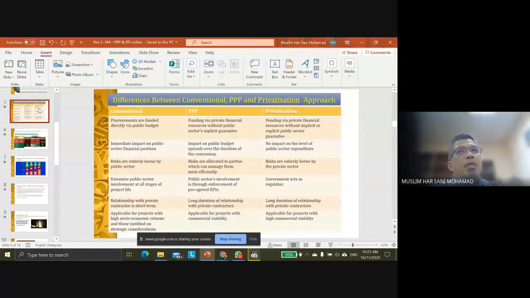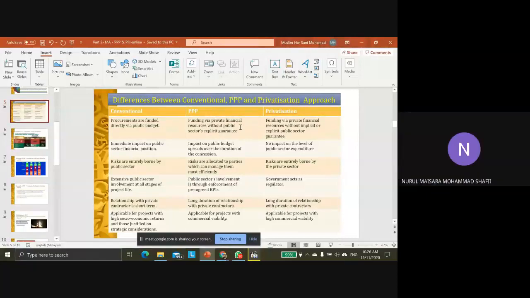PPP is applicable in GLC. At this point, our focus is on the government. If it is a GLC, procurement by the GLC is under privatization.